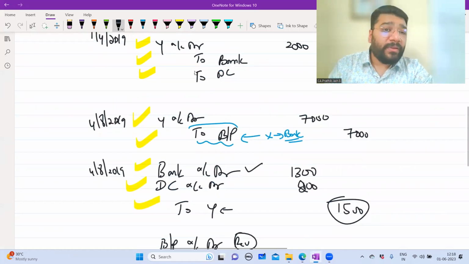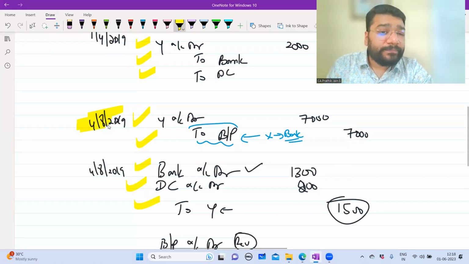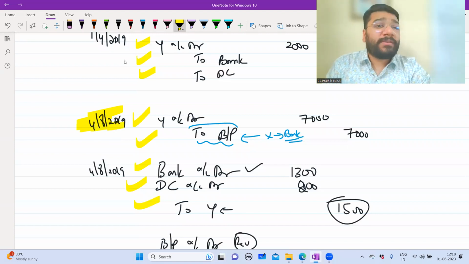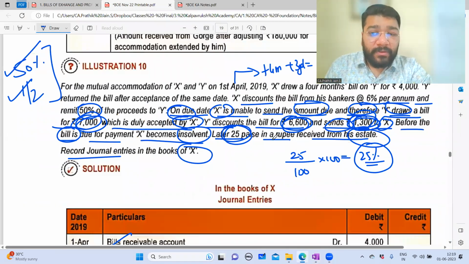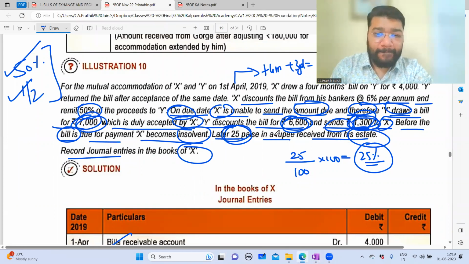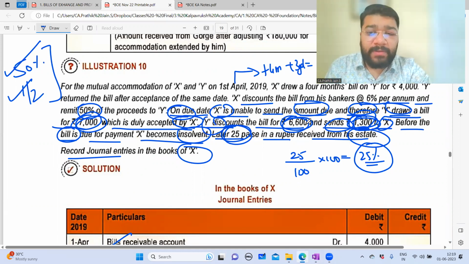Please tell me, when was the second bill drawn? 4th of August. For how many months? It's not given how many months? Okay, here guys, Y discounts the bill with the bank. For how many months the bill is drawn is not given. Y draws the bill of 7,000, which is duly accepted.